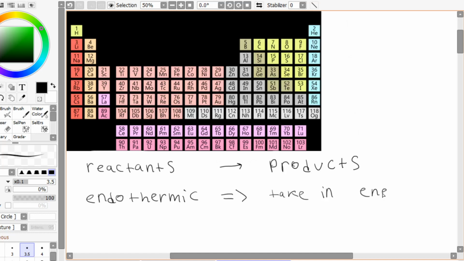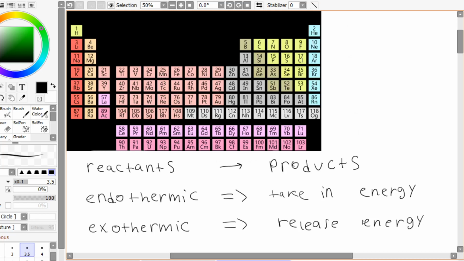Some reactions are exothermic, which means that they are going to release energy. For endothermic reactions, since we need to take in energy, that means that energy is going to be part of the reactants. For exothermic, since we need to release energy, it's going to be part of the products.